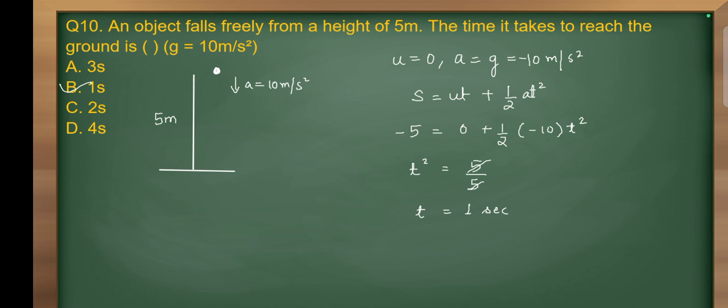By using the second equation of motion, s is equal to ut plus half at square. We will put the value of s, that is displacement, equal to minus 5 meter, and that will be equal to ut, where u is 0, so this will become 0, plus half at square. We will put the value of a, that is minus 10. After solving this, we will get time is equal to 1 second. So option B is correct.